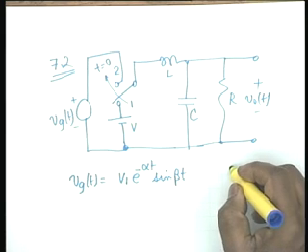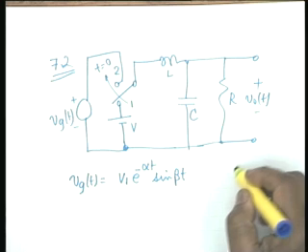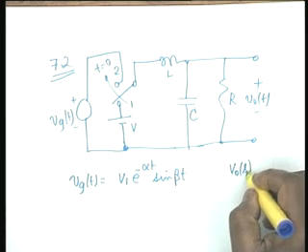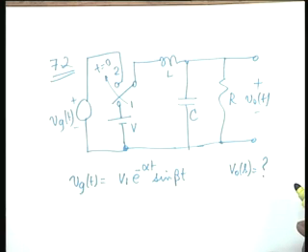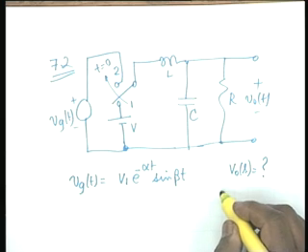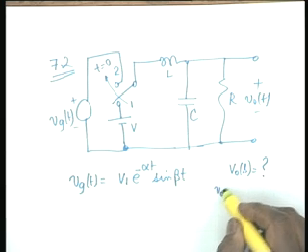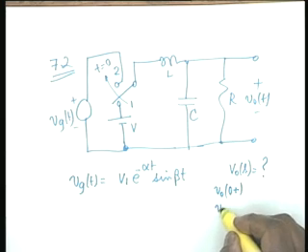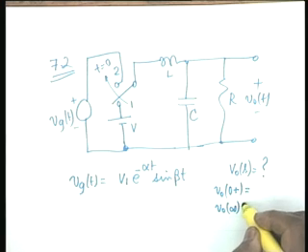What you are required to find out is the transform of V0(t), that is V0(s). Then find the initial and final values, that is V0(0 plus) and V0(infinity).